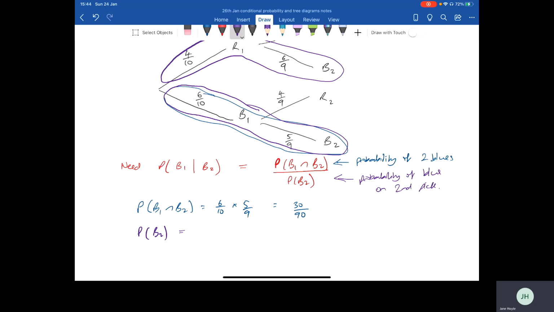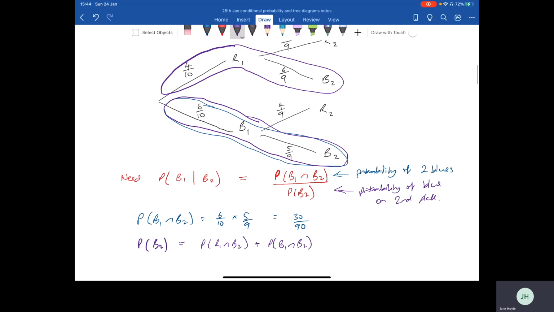It is the probability of getting the top branch, a red 1 intersection with a blue 2, or the probability of a blue 1 intersection with a blue 2. So that top set of branches is 4/10 multiplied by 6/9. The bottom set of branches, well, I have already worked it out, but I'll just write down 6/10 times 5/9.